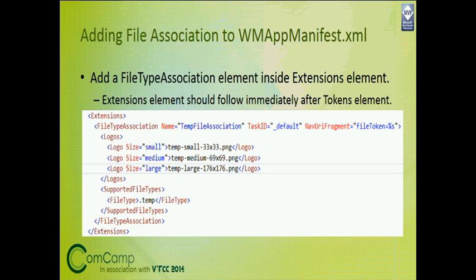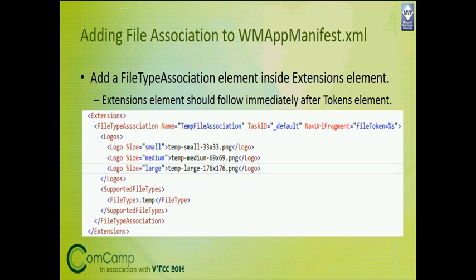You need to add the extensions tag, and this extensions tag that you see here should appear immediately after the tokens element. If you place the extensions tag somewhere else in the same manifest file, you'll get a compiler error. And you have a maximum of 20 file associations that you can define for your application.